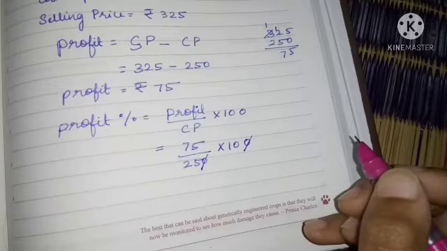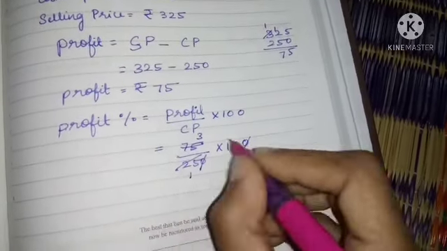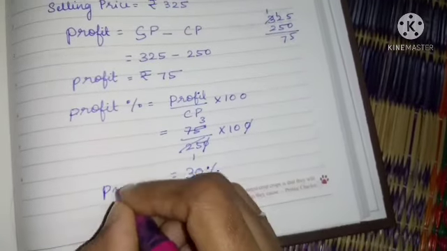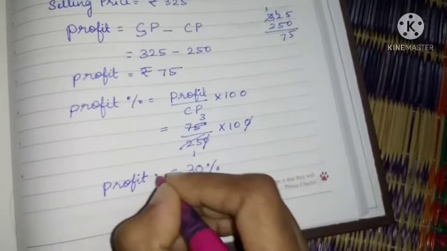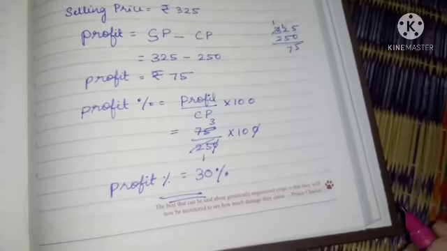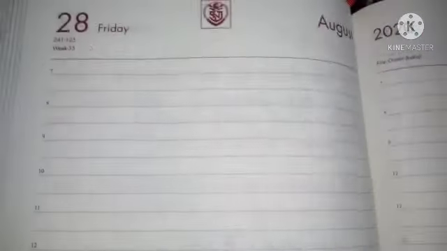Zeros cancel. 25 ones are 25, 25 threes are 75, so 3 into 10, 30. So what is the profit percentage, children? 30%. So we got 30% of our cost price as profit. Understood?